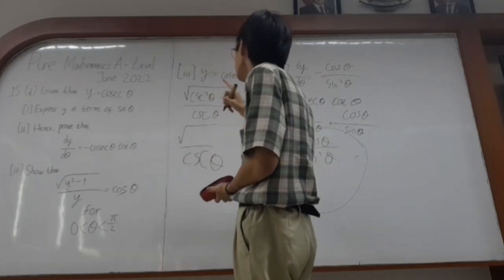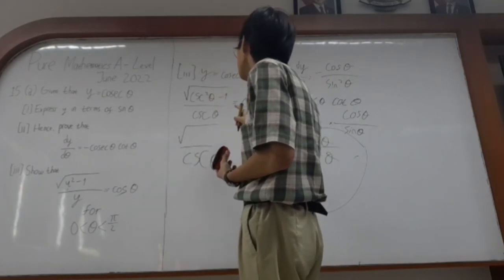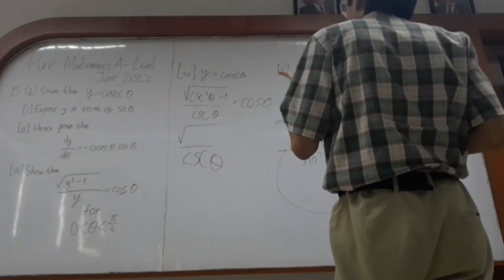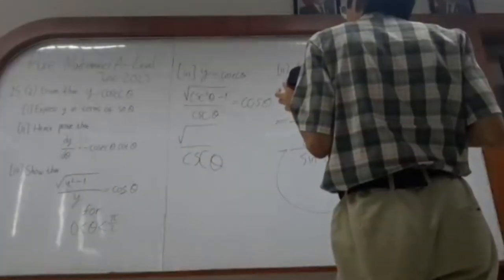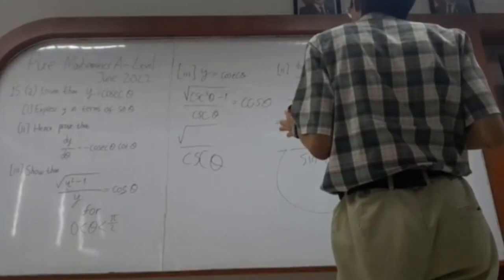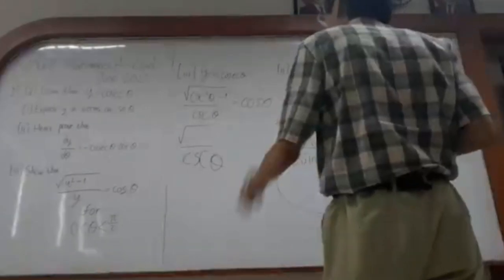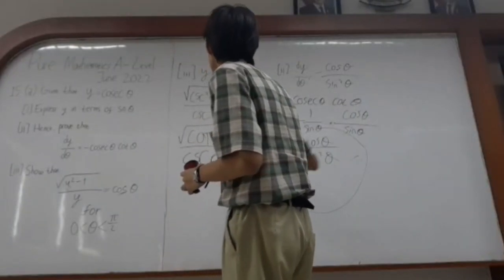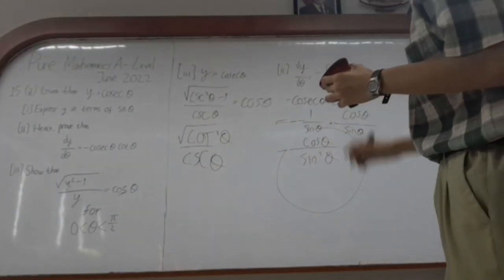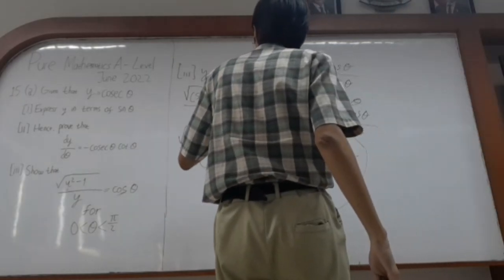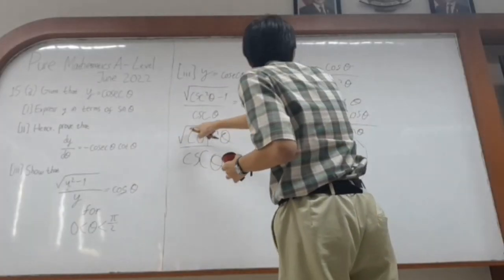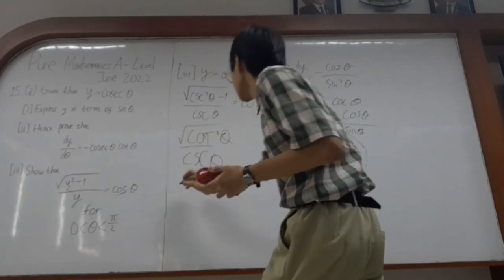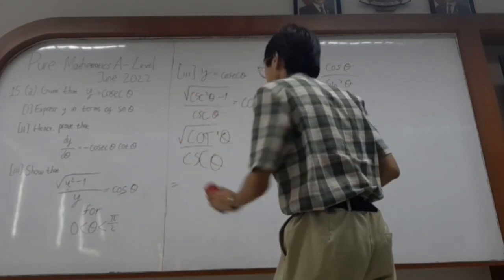Cosecant squared theta minus 1 is equal to cot. I remember something. This one is equal to cot squared theta. Yes, cot squared theta. However, since there is a root here, we can erase this equation so it becomes a clearer result.